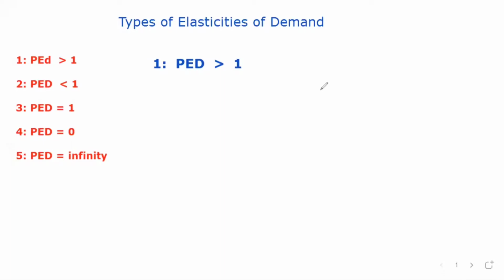So, moving to the first one, that is price elasticity of demand greater than 1. So if PED is greater than 1, first of all, you need to understand the definition.